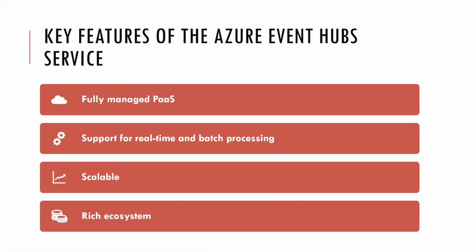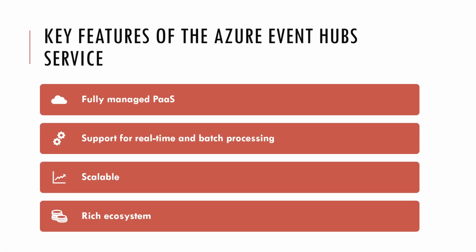Event Hubs is a fully managed platform as a service with little configuration or management overhead, so you can focus on your business solutions. Event Hubs for Apache Kafka ecosystems gives you the platform as a service Kafka experience without having to manage, configure, or run your clusters.